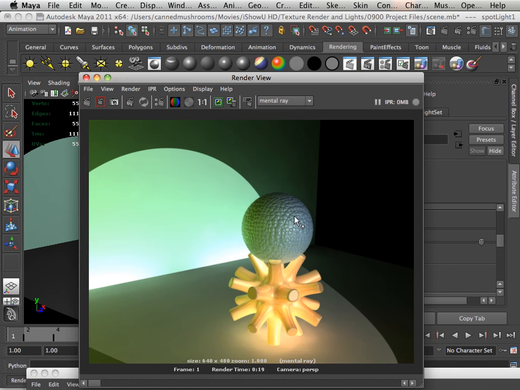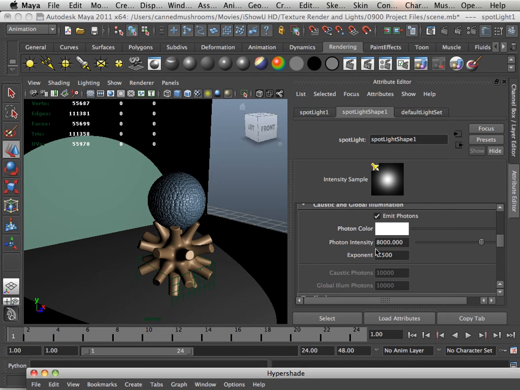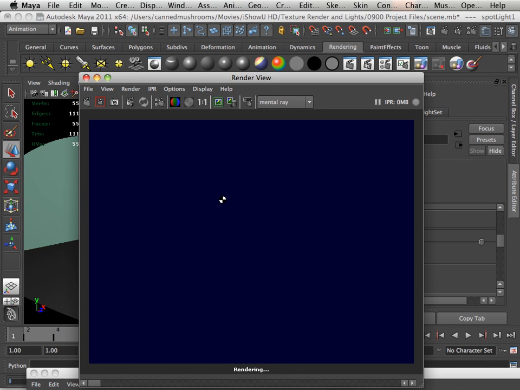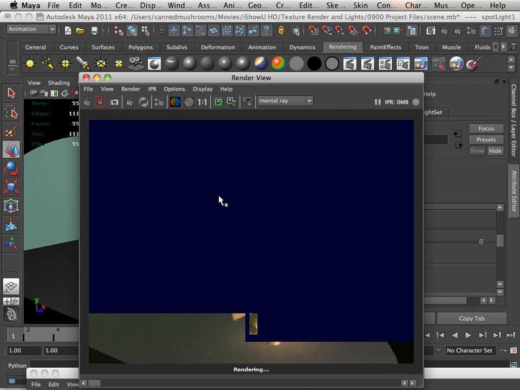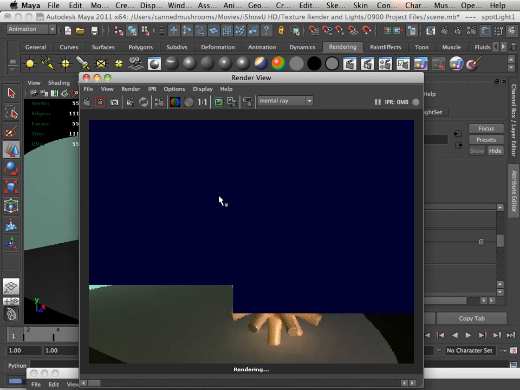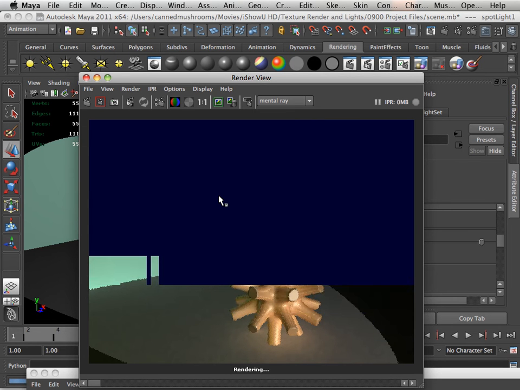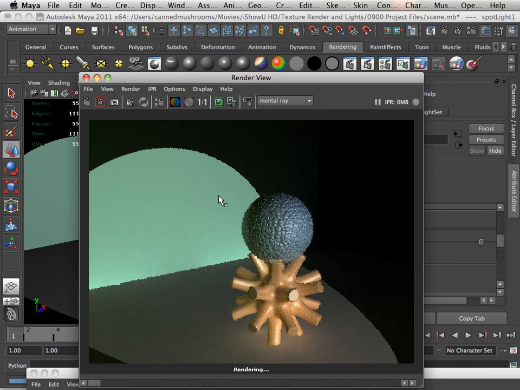The photonic energy here is just way out of control, but look at, here's the green from that wall transmuting here. Also, I could see that in jack. So we can turn this down to maybe something more in the lines of what it really is. And there we go.